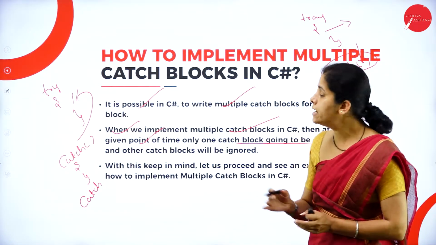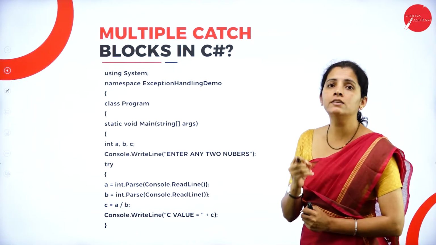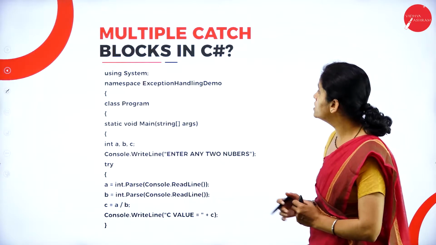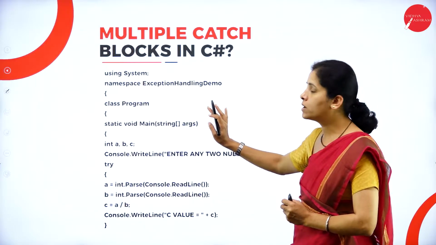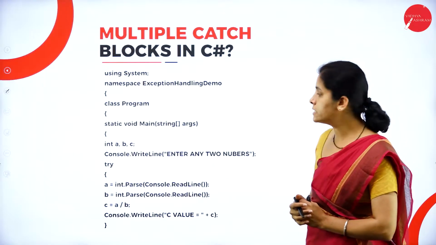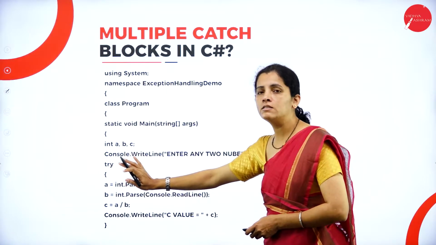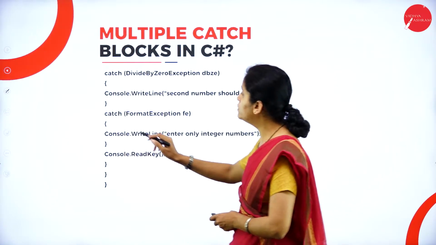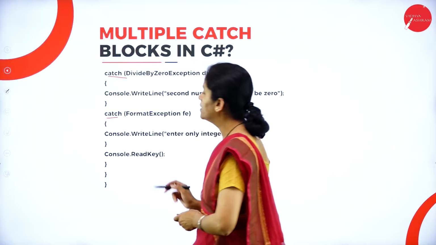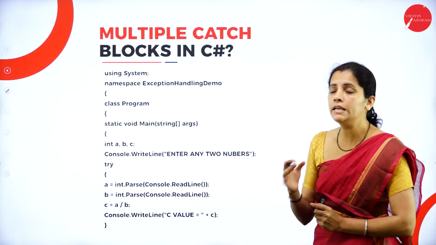So dear student, by keeping this ideology, let me write a simple code. This is the example program for multiple catch blocks, and as I discussed, see here, I have the try block, and for this single try block, I have two catch blocks. Now, let me explain this program in detail.